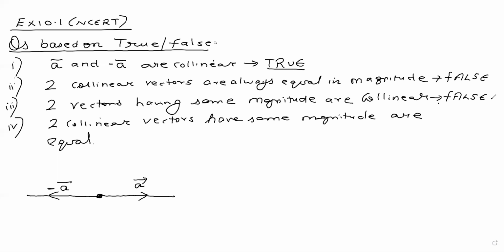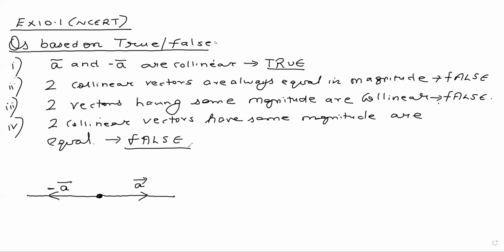And the last statement is two collinear vectors having the same magnitude are equal. Again, this is a false statement. Why? Because all of you know that two vectors are said to be equal if they have the same magnitude as well as the same direction. Nowhere in this statement have we talked about direction.